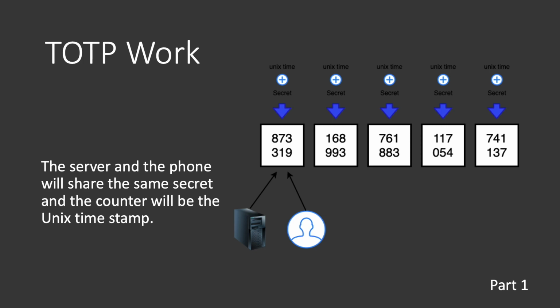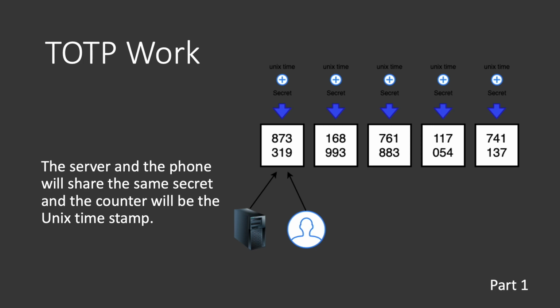So let's say I generate a code now, copy it and put it inside the system. If it falls within the 30 seconds window that I'm allowed to utilize, the server will accept it and it will work. It will not accept anything in the past, and it will only accept a code that might be generated in the future. So this is why we can utilize actual Unix time better than utilizing the counter.